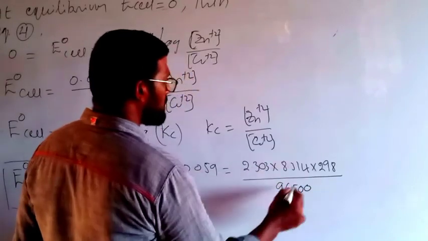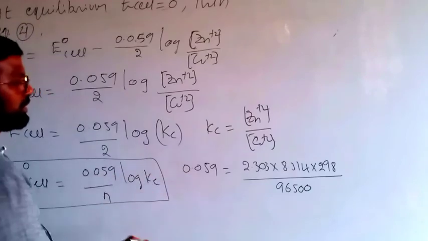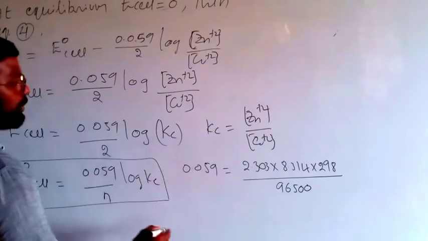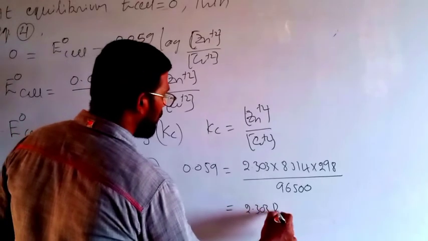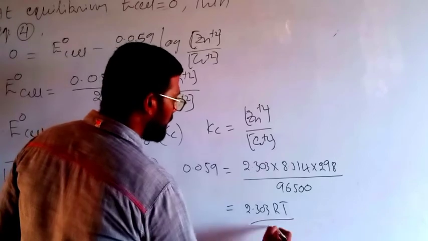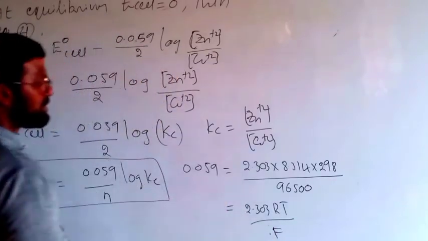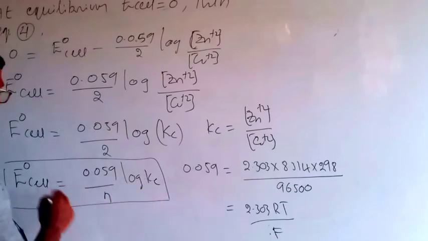On simplifying this value, we got 0.059. That means 0.059 is the value of 2.303 RT by F. So whenever it is required, we take this part to discuss, right?